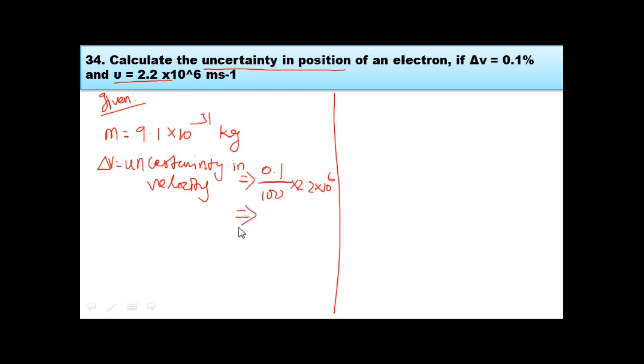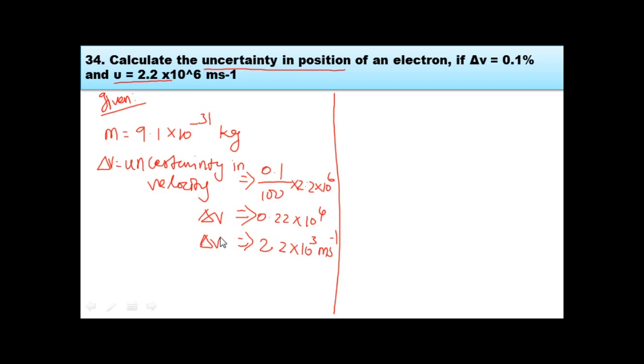So delta V equals 0.22 into 10 power 4, that is 2.2 into 10 power 3 meter second inverse. So this is the delta V.